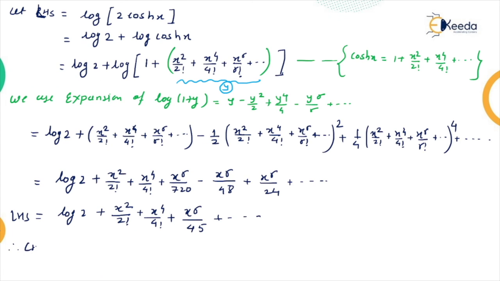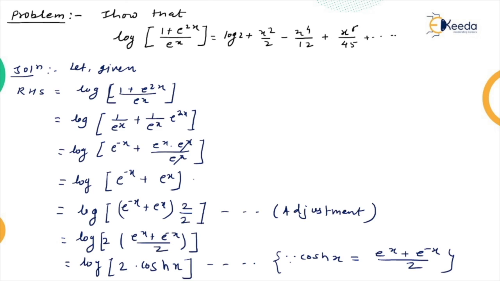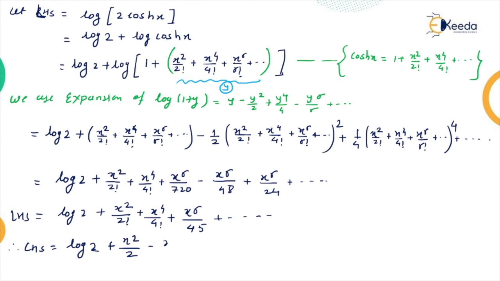So that LHS becomes log of 2 plus, now minus here also x power 4 upon 4, so plus minus, then the alternate sign is there, because this series has alternating plus and minus signs. So this is log 2 plus x square upon 2 factorial, which is nothing but 2, minus x power 4 divided by 12.